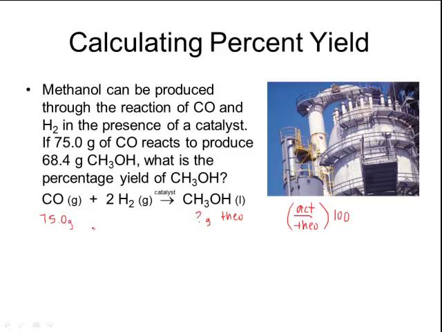Remember, when doing a stoichiometry problem, this will need to get converted into moles first, and then we can go over to moles of methanol, and then we can solve for grams.